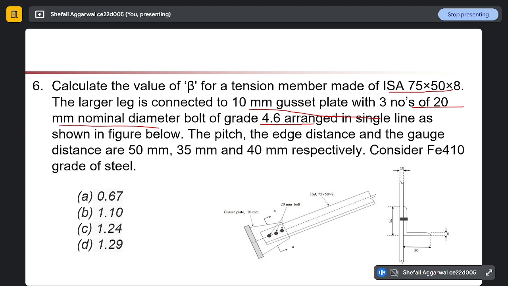The pitch, edge distance and the gauge distance are, this is our pitch, this is our edge, and this is our gauge distance. These are all given. Consider Fe 410 grade of steel.